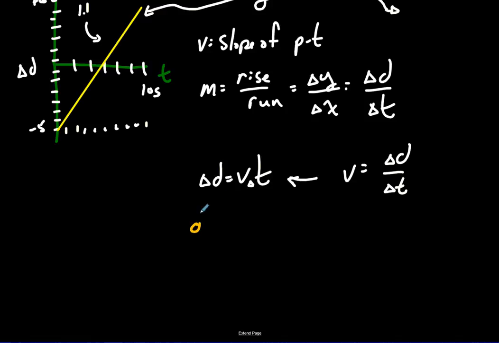We remind ourselves that df minus di is equal to velocity times time. I'm just going to leave the delta off time, so we know it's a time interval. It's not an instant in time. It's the time that this happens for. And we're just going to rearrange it. We could actually find df as equal to vt plus the initial position.